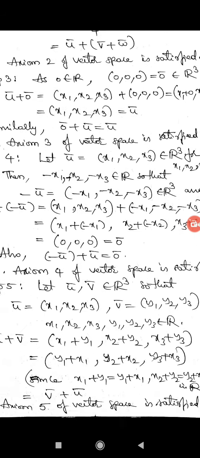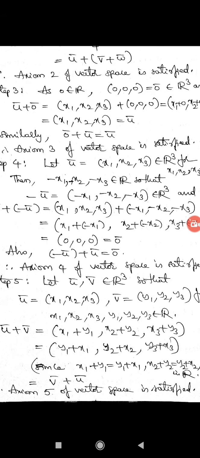That is how we could prove u bar plus 0 bar is equal to u bar. We can also show that 0 bar plus u bar is equal to u bar. That is how axiom 3 of the definition of vector space is satisfied by the set R3 over the set R of real numbers.